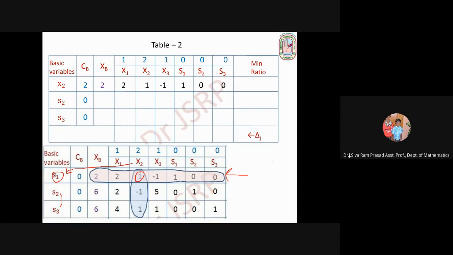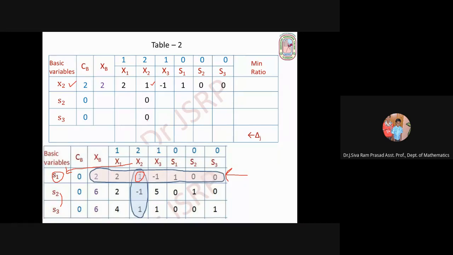Okay, right. Now what is the next step? Second point, fill the columns of basic variables with the corresponding unit matrix. What is the first basic variable? X2. Come to the X2 column. First place 1, already we have 1, and other places 0.